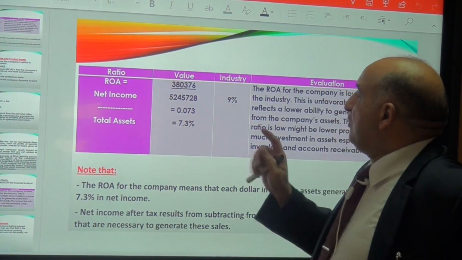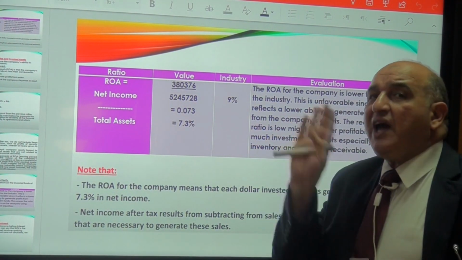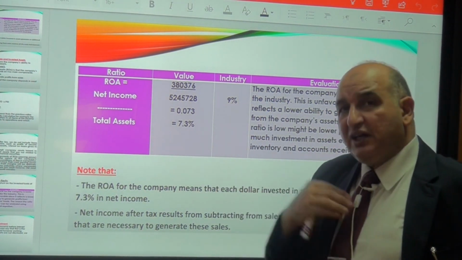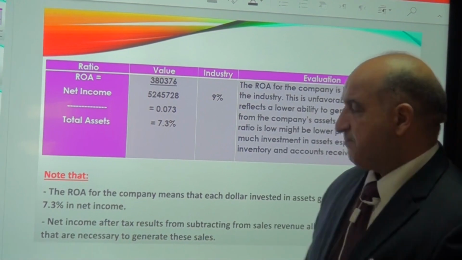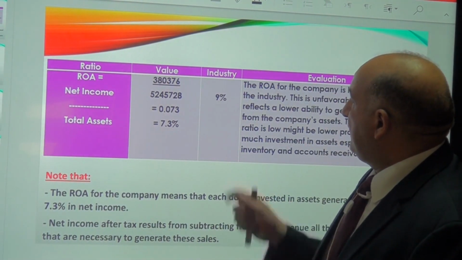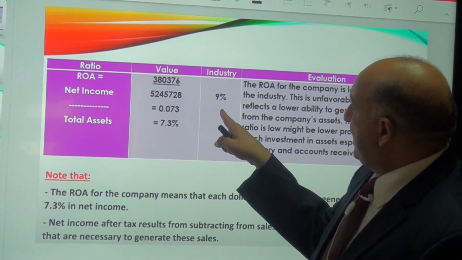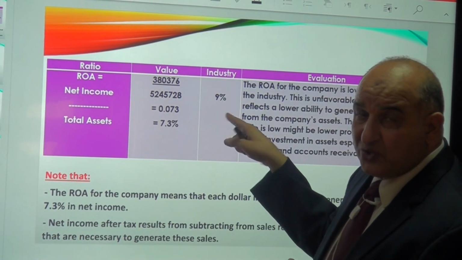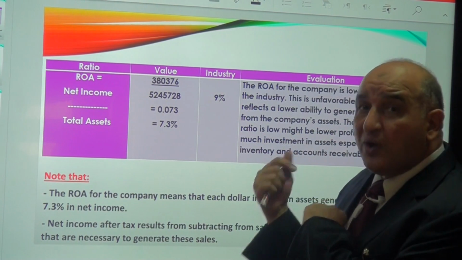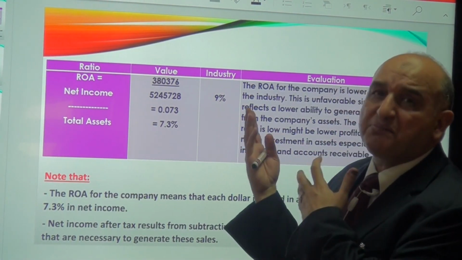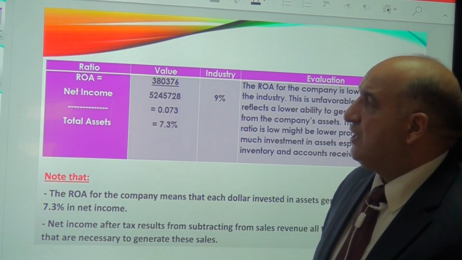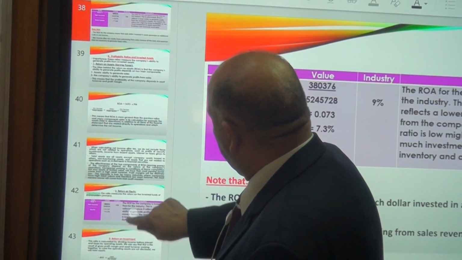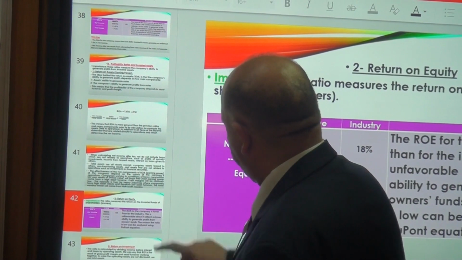For sure we have debt, because our return on equity is higher than this one. As you see, return on assets equals 9% for the competitors, and return on equity equals 18%, which is double. Why do they have this? This is what we have to talk about.